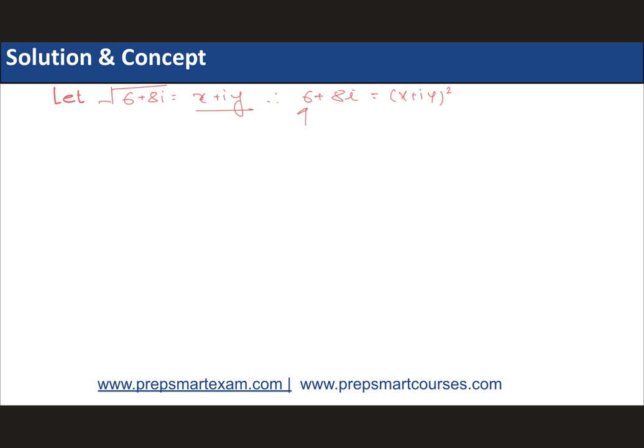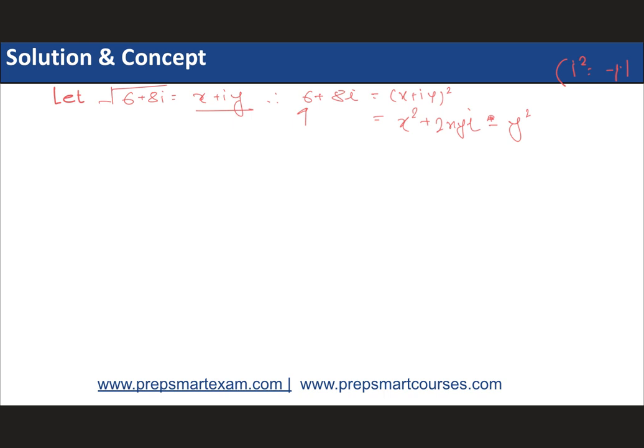When we square it, we get this equation. Now we are going to just open up this equation. So this becomes x square plus 2xyi, plus minus y square, because guys, the value of i square is minus 1. That's why you get this equation.